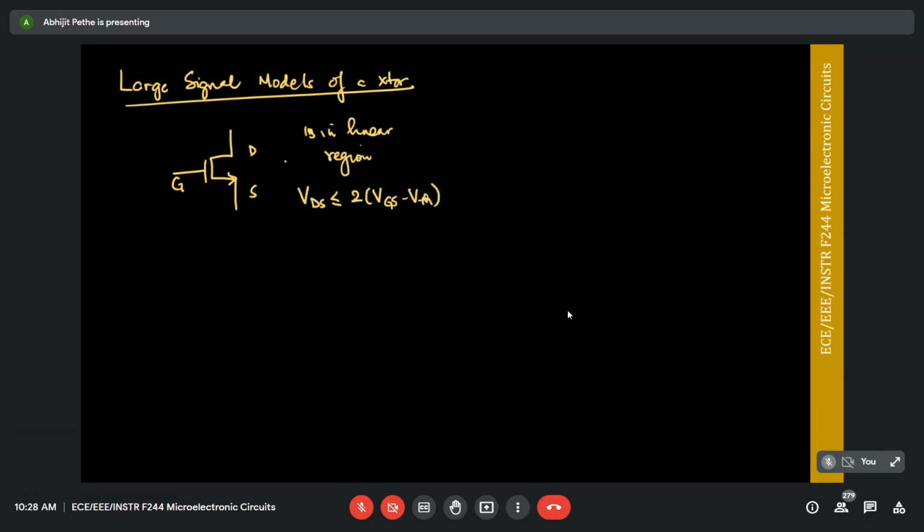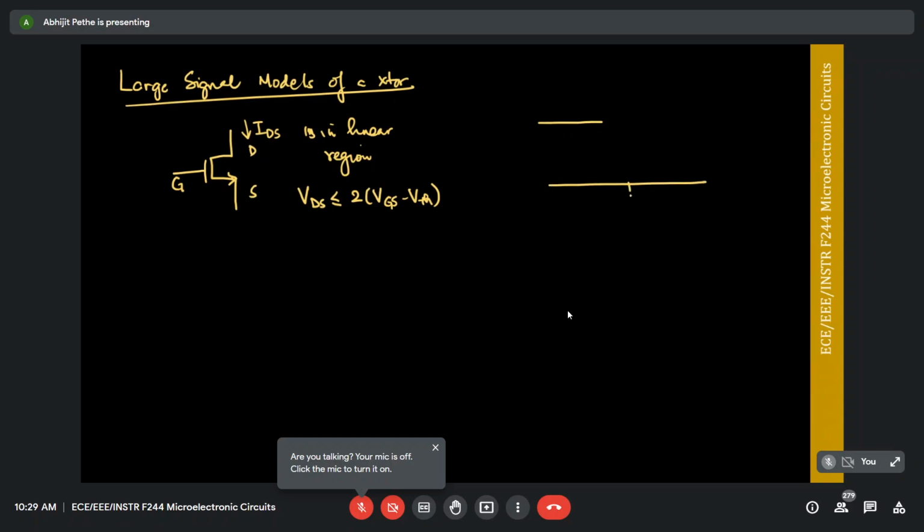What does this transistor look like at the output? When it is in linear region, where VDS is less than 2 times (VGS minus VT), how do I model a transistor? A resistor. Right? So the way you'd model this, and this is known as the large signal model, is in the circuit, I'll replace the transistor with a circuit which looks like this. Now this is the source node, this is the gate node.